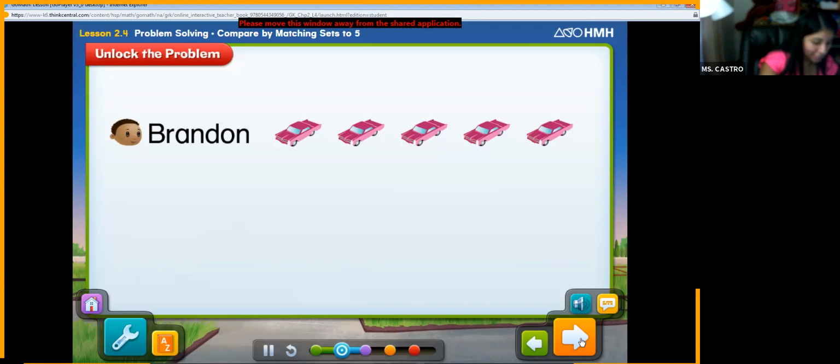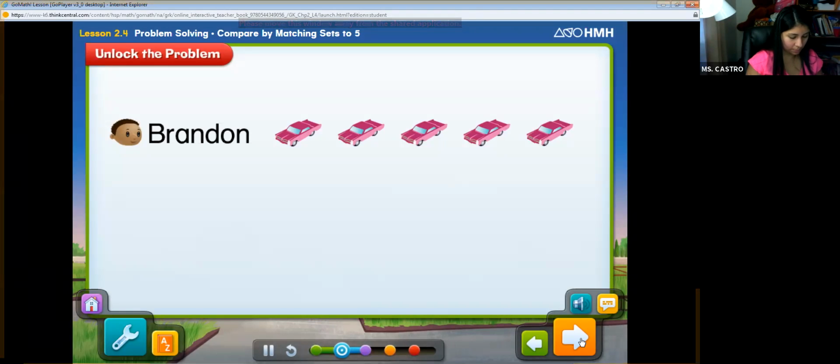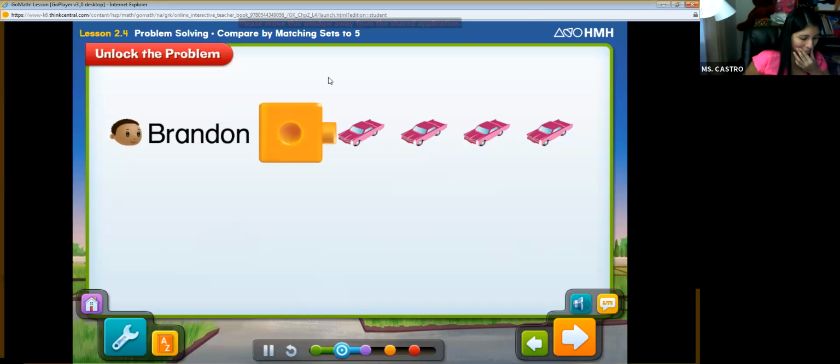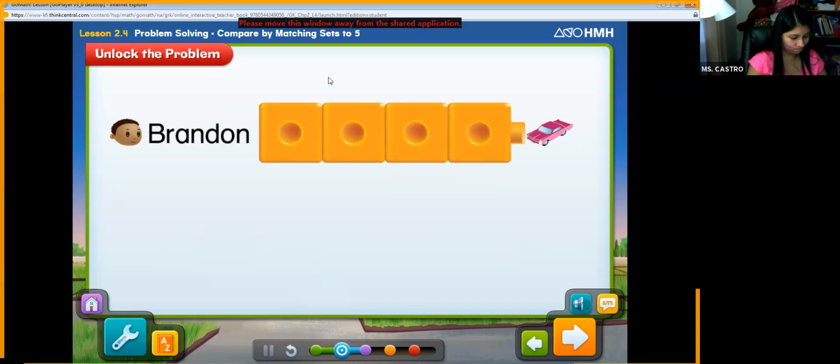These are Brandon's toy cars. How many toy cars does Brandon have? We can use connecting cubes to show how many toy cars Brandon has. Click the first toy car to begin. 1, 2, 3, 4, 5. We used 5 cubes to show Brandon's toy cars.